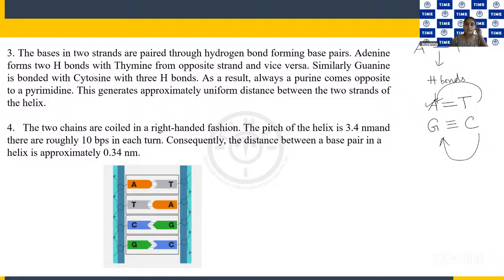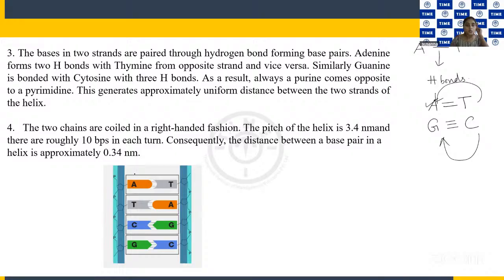As a result, purine comes opposite to pyrimidine, or purines are always complementary to pyrimidine, and this generates approximately uniform distance between the two strands of the helix. Because complementation can be seen like this, you can have approximately equal distance between the two strands. Clear?